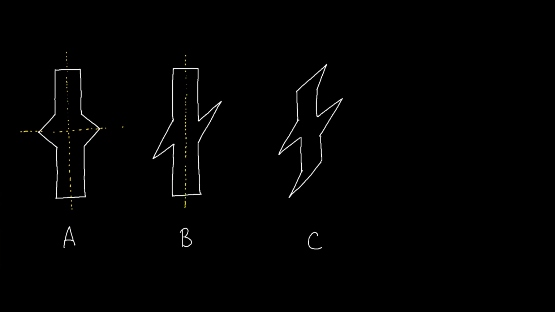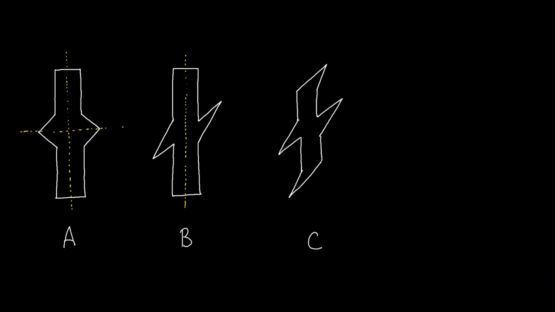And for the third drawing, we have none. So indeed, in terms of judging by this number of axes, it seems like A is more symmetric than C. But certainly there is some symmetry to C as well.